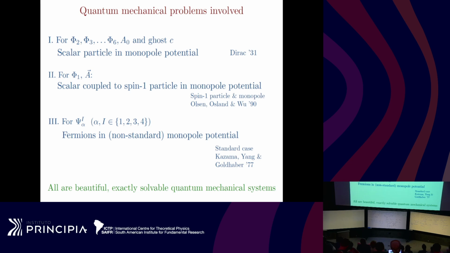Finally, for the fermions, we have the problem of a fermion in a monopole potential, which, however, is not the standard monopole potential, because we have an additional term coming from the interaction between scalars and fermions in N=4 super Yang-Mills. The standard case was solved in the 70s by Kazama et al., but our case is not quite standard. But all these problems can be exactly solved, and their solutions are actually more beautiful than the standard solutions, I would say.